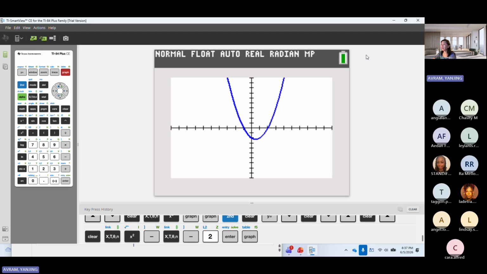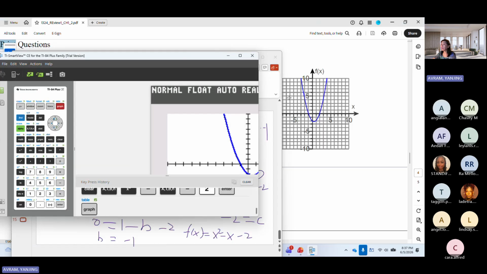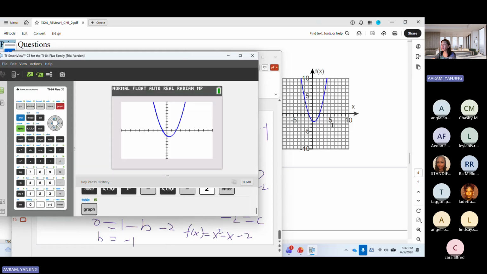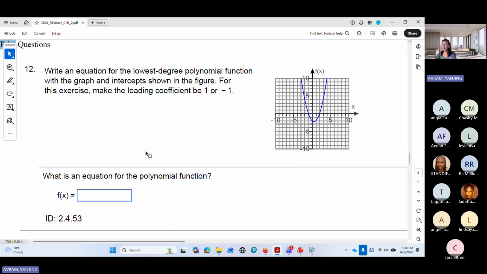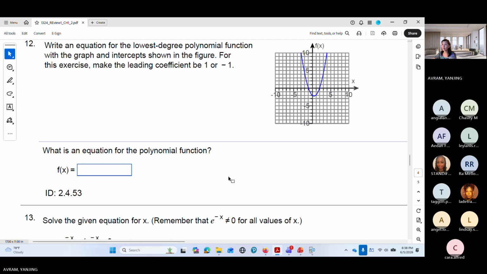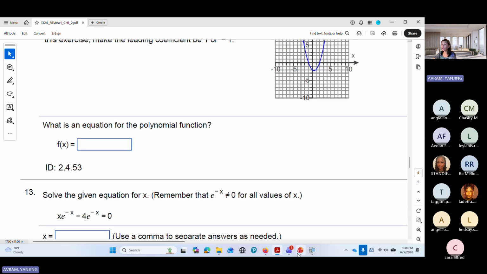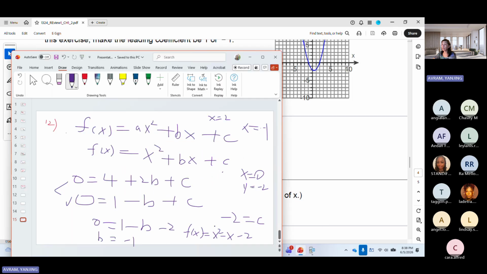Oh yeah, looks pretty similar to the one we have, very similar, okay? So that is how you check your answer. You can use the graph to double check your answer. Write down the equation in a polynomial function. So yeah, this is the polynomial form, right? Polynomial is ax squared plus bx plus c, okay?